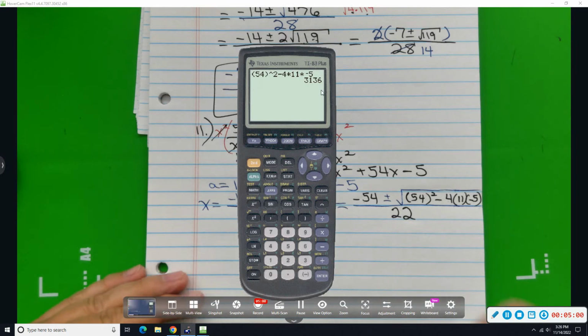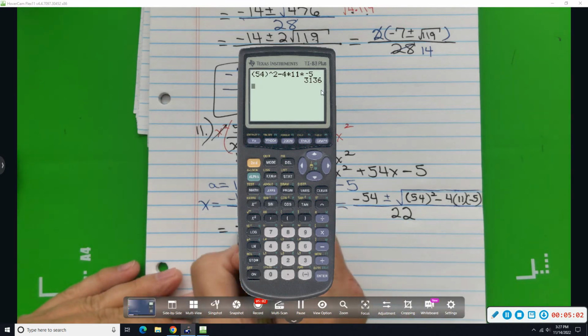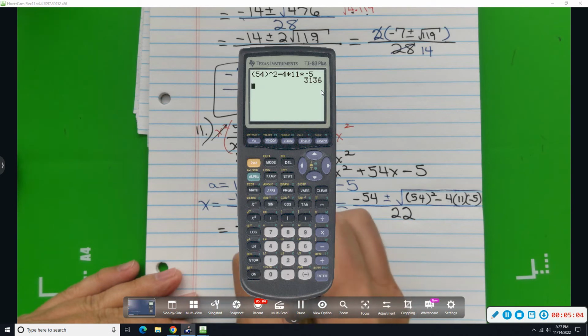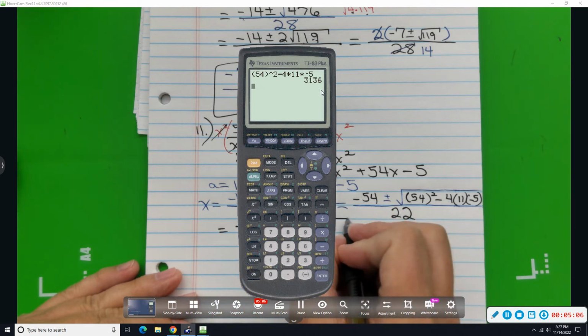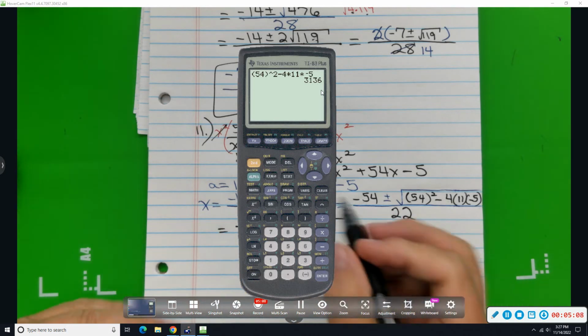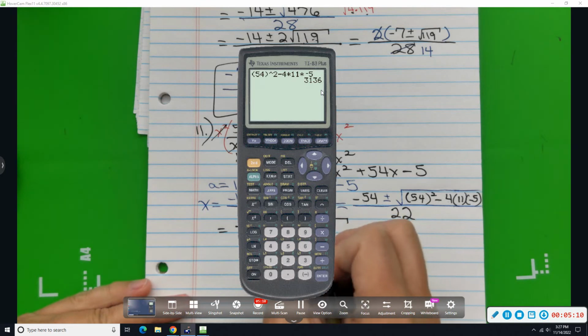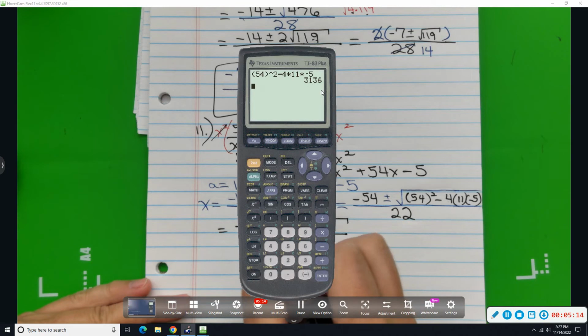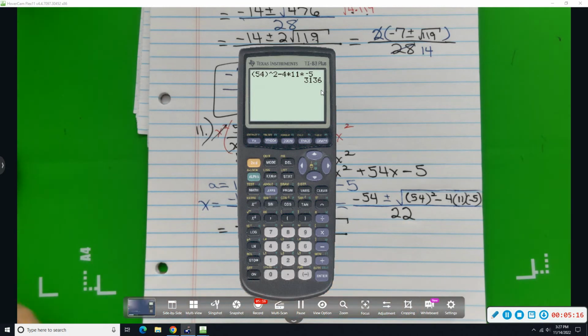So we have negative 54 plus or minus the square root of, oh, I don't like that number, 3136, all divided by 22. That's 54 squared minus 4 times 11 times a negative 5. Okay.